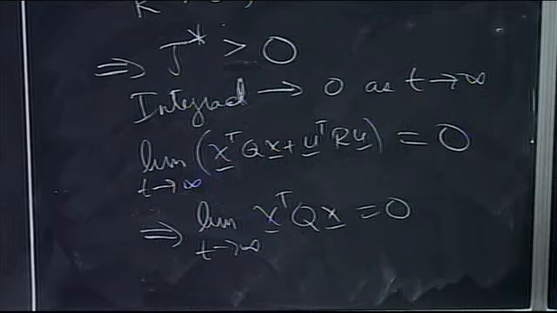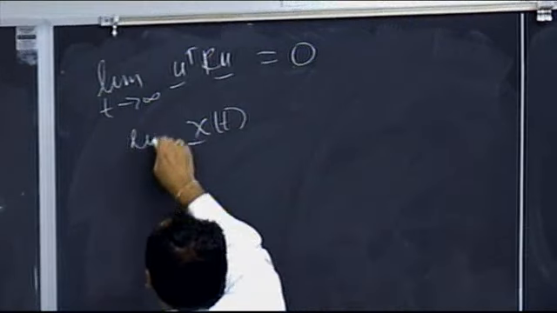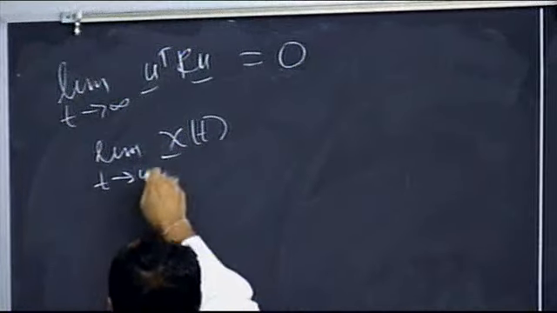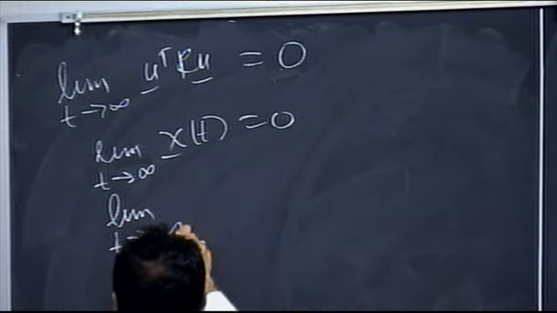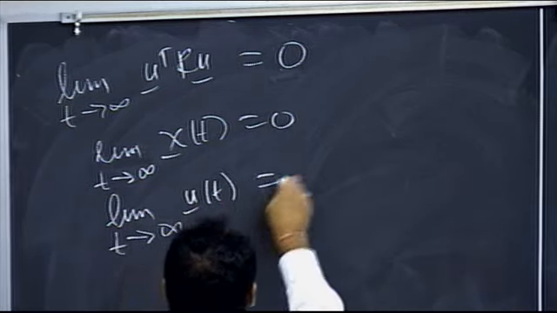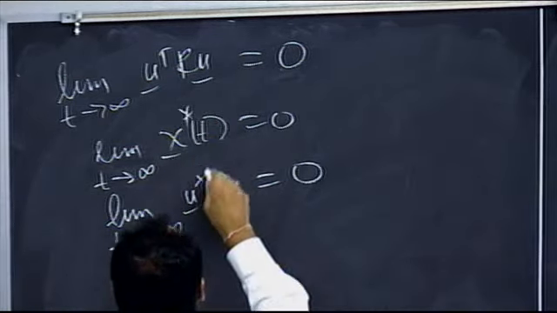It requires that x of t approach 0 and that u of t go to 0. This is all on the optimal solution. So I'm not writing stars here. I probably should be writing stars.